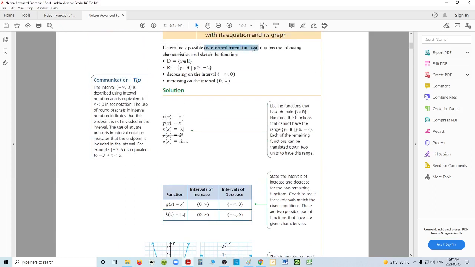So this one is, it's transform parent function. So its domain goes on forever, but its range is bigger or equal to -2. So that could be a parabola whose vertex is at whatever, comma, -2. See, it's decreasing on the interval up to 0 and increasing on the interval from that. It can't be a parabola if it's facing down, though.